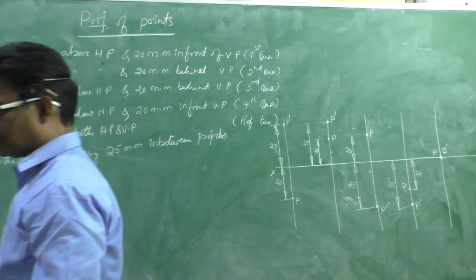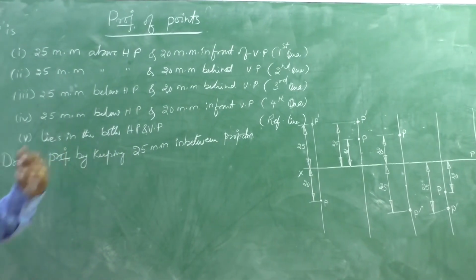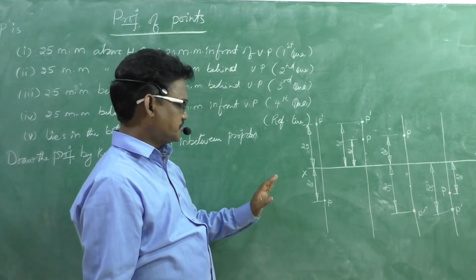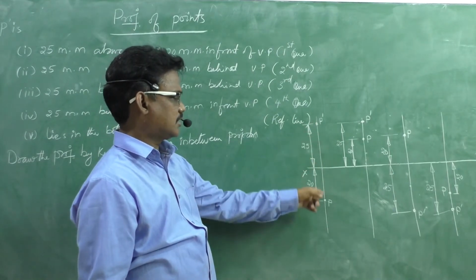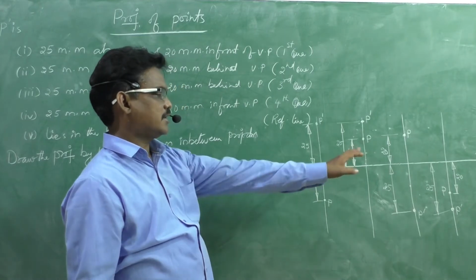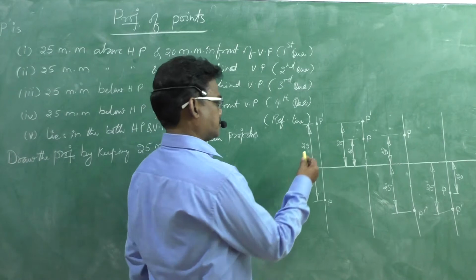Now, on the drawing sheet, this is the projection of points. That means only the points need to be visible on the drawing sheet. These are all constructional lines. Okay, the reference line needs to be visible, and the points need to be visible.